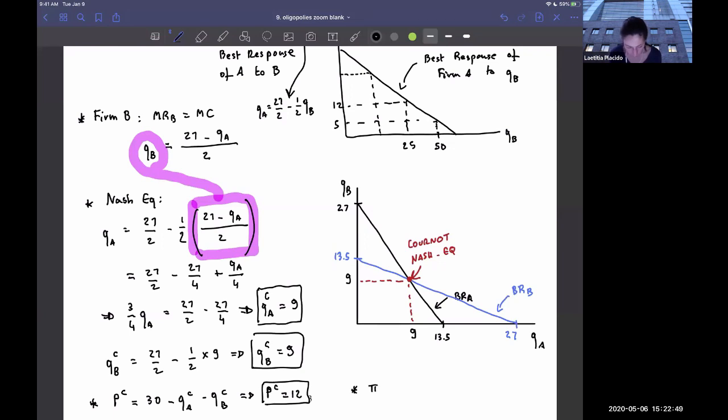The profit to any firm is going to be the same for firm A and firm B. So that's price minus marginal cost, 12 minus 3, times the optimal quantity 9. So the profit for A or B in Cournot is 81.